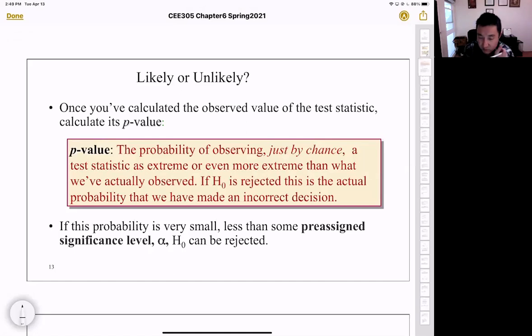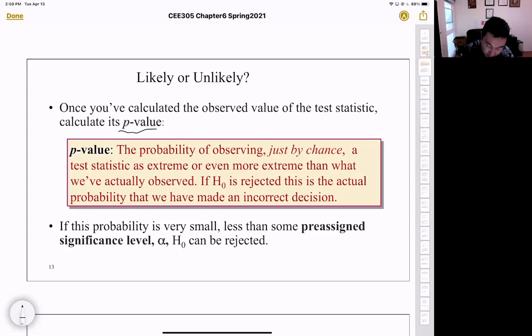So after we calculate the test statistic, in this case the z-score, then we calculate the p-value. The p-value is a probability. The full definition of p-value is here: the probability of observing just by chance a test statistic as extreme or even more extreme than what we have actually observed.